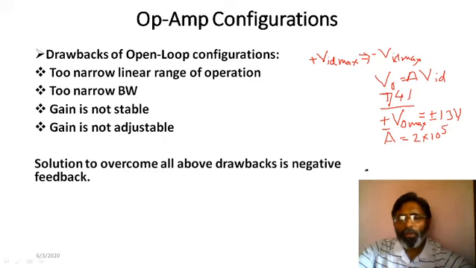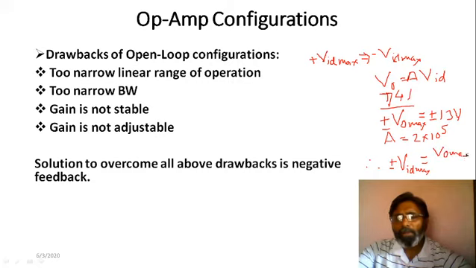So here, plus minus VID max will be equal to what? VO max plus minus divided by A. So what will this be? This will be plus minus 13 divided by 2 into 10 to the power 5.